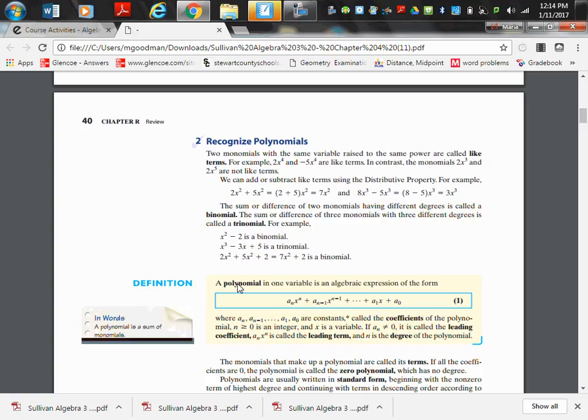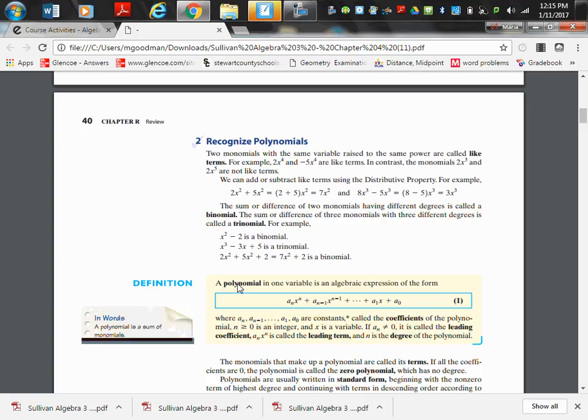Now, a binomial means it has two terms. 3x plus 4y. 7y minus 2. Those are binomials. A trinomial means it has three terms.